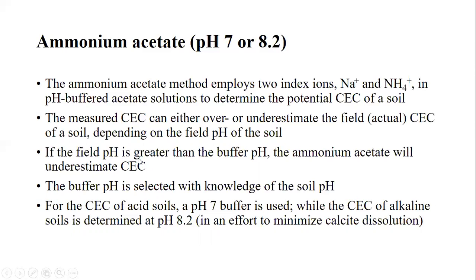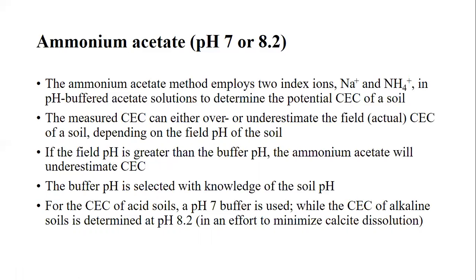Remember that when we studied the sources of charges, we said there are permanent charges due to isomorphous substitution. These are not affected by the pH of the soil system at all. But we have pH-dependent charges. Those charges, their magnitude, their amount will change with the pH of the soil.